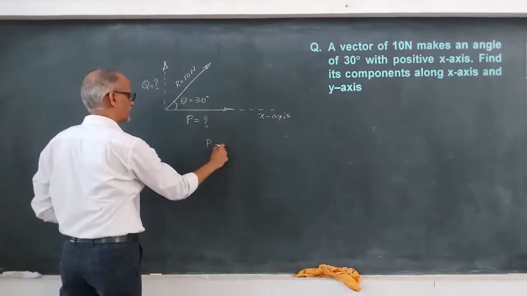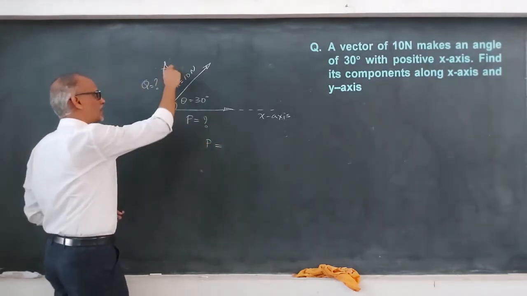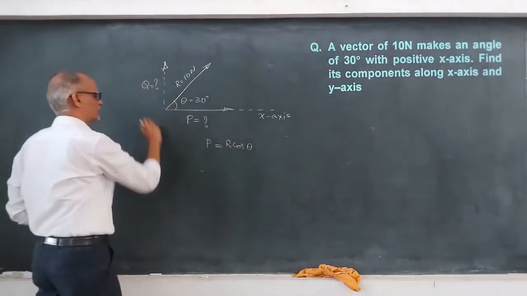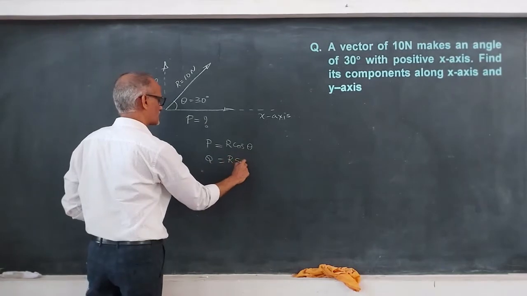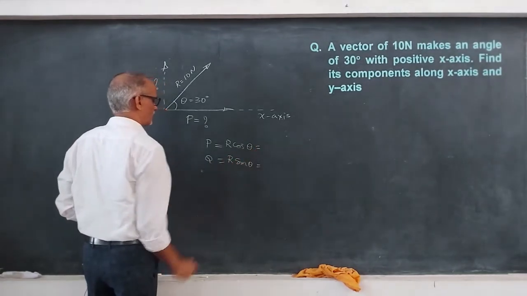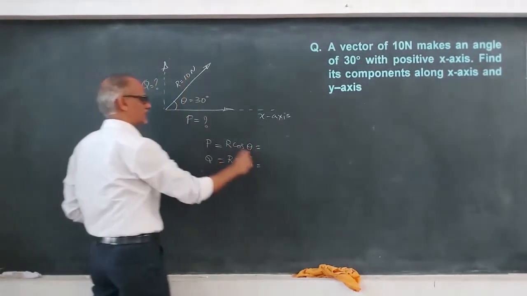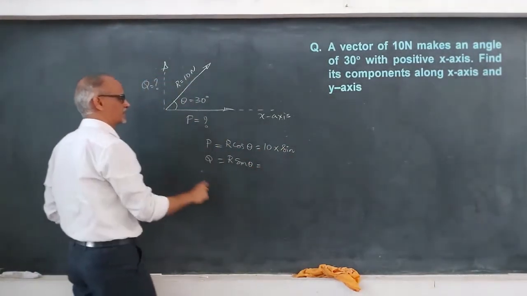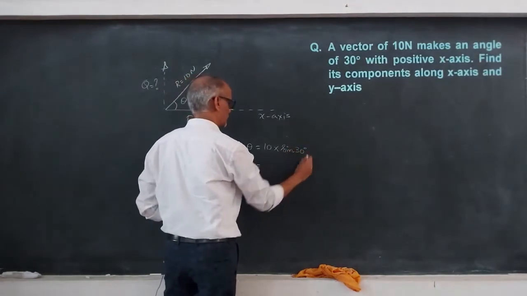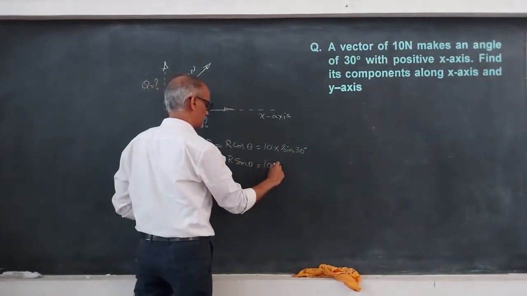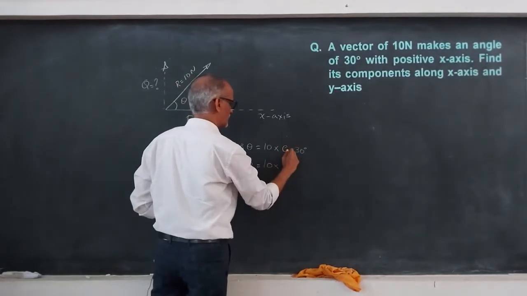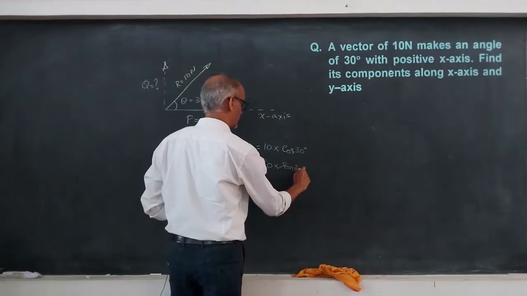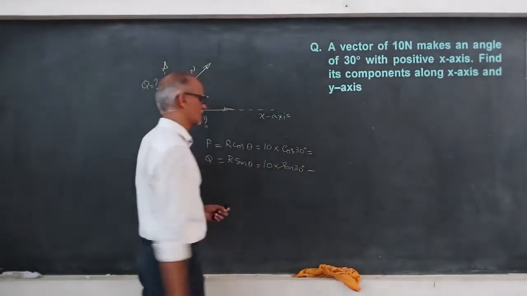So, what is the value of P? P is always R cos theta. What is the value of Q? Q is always R sin theta. What is the value of R? R is given as 10, and theta is given as 30 degrees. Sorry, for P this is not sin, this is cos 30 degrees. So P is 10 into cos 30.